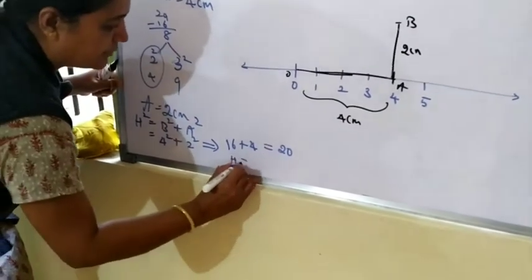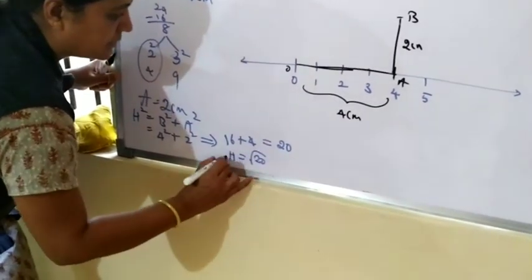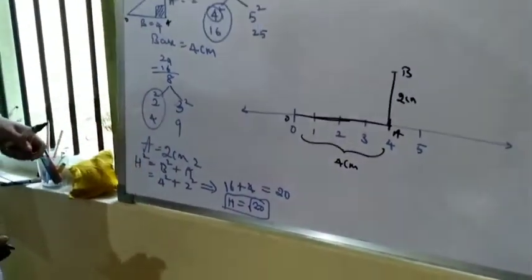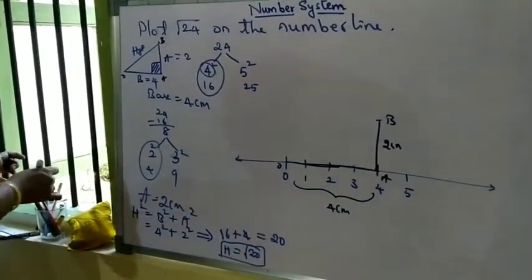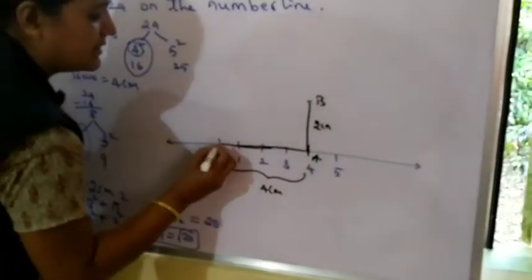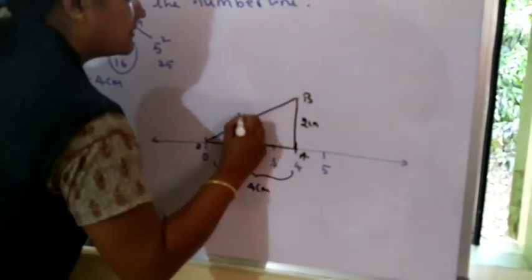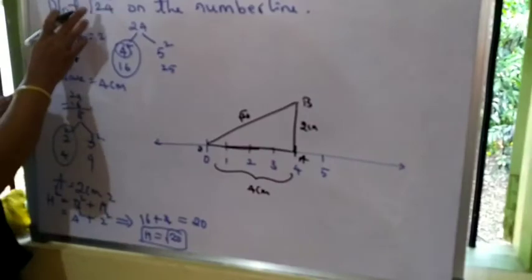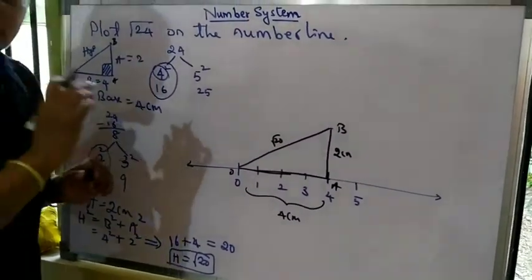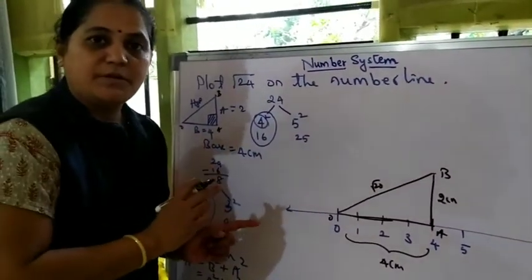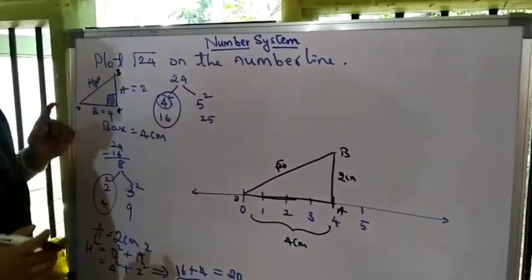So the hypotenuse is root 20. But we are supposed to get root 24. So as I said earlier, till you get 24, you have to construct once again.